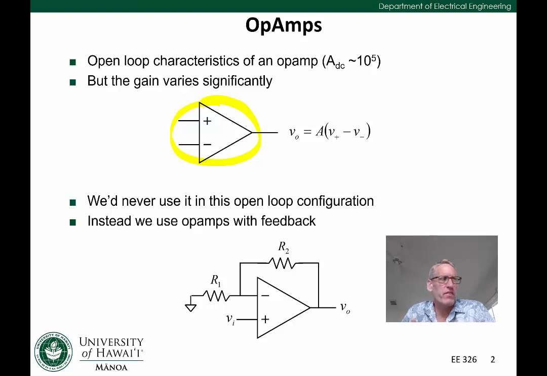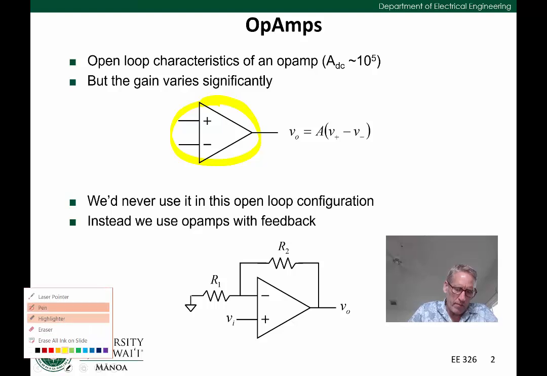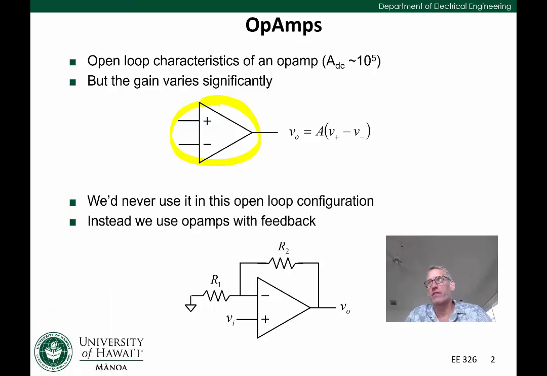But it turns out that the gain of those op amps, they're made with transistors on the inside. And these transistors and the other components inside vary, and they vary considerably.